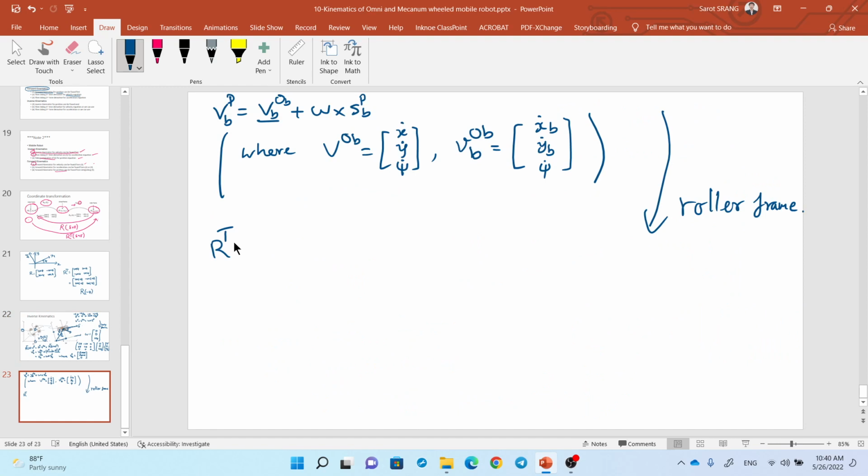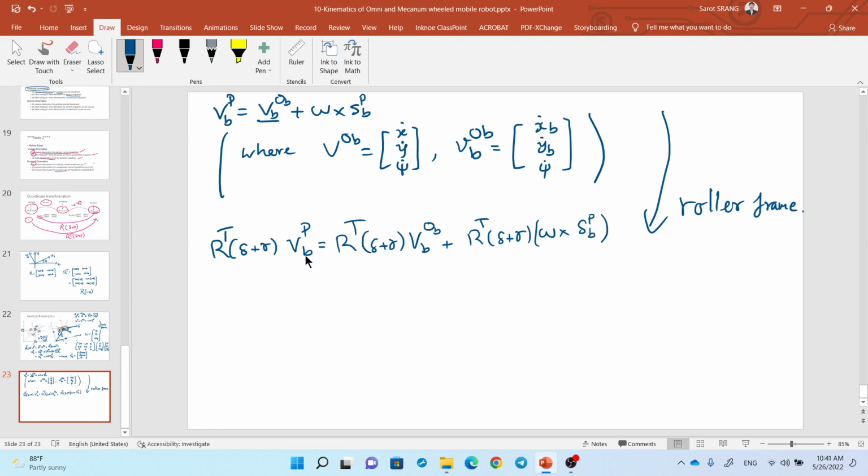So we apply the rotation matrix of delta plus gamma to the rotation matrix on omega cross SBP.